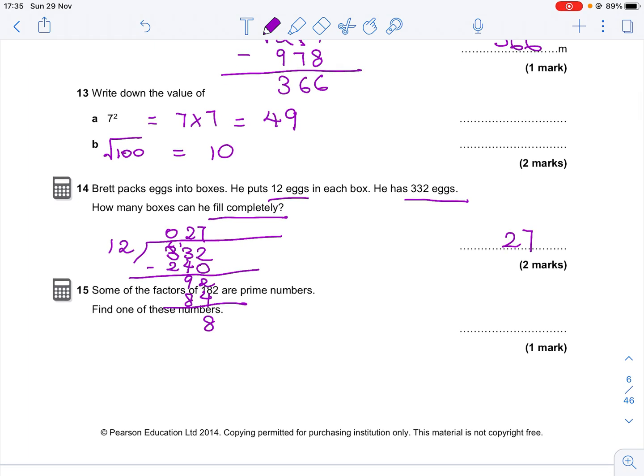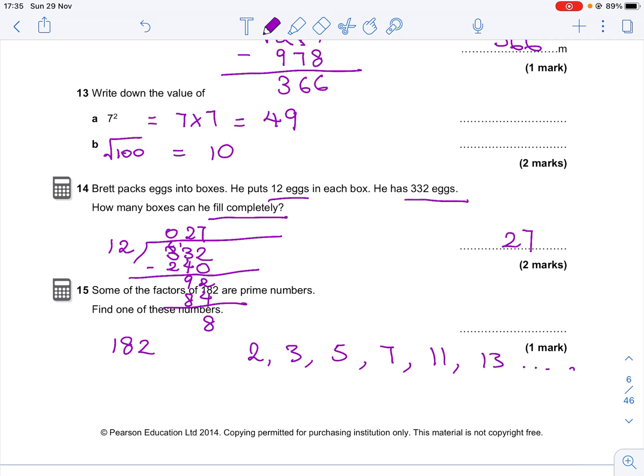So question 15, the sum of the factors of 182 are prime numbers. Find one of them. There are a lot of prime numbers, so we can start to list them. We have 2, 3, 5, 7, 11, 13, and there are many more.